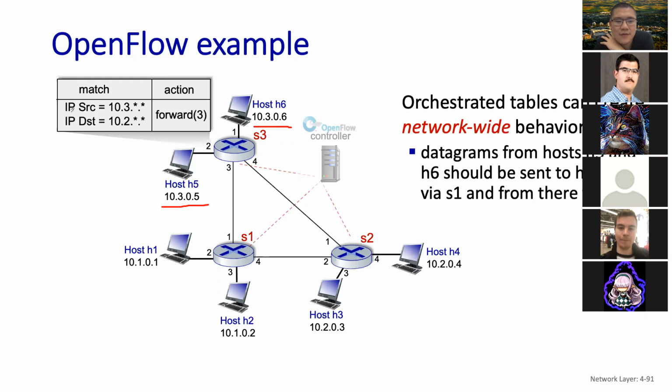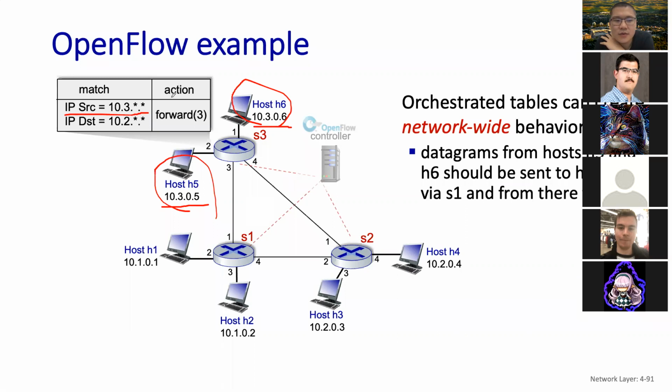So let's say for the source IP, 10.3 dot something, right? If the packet starts from 10.3 dot something, that means from these two hosts, right? And we forward that to 3, okay?